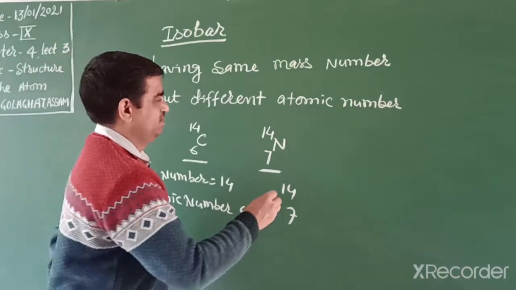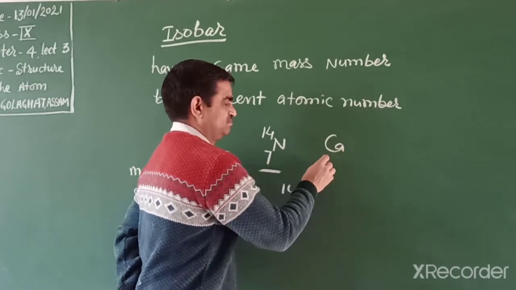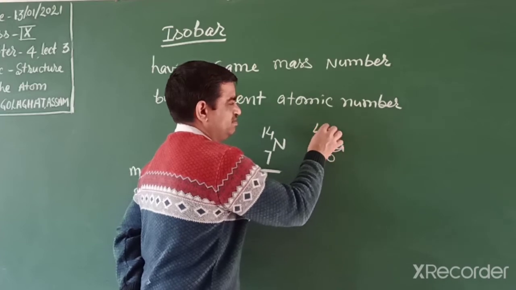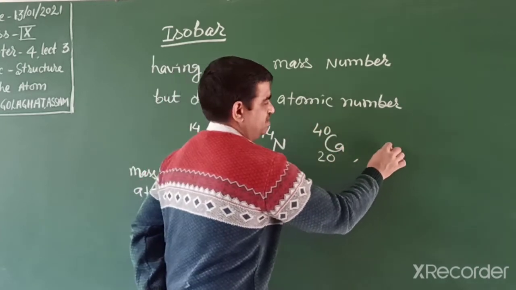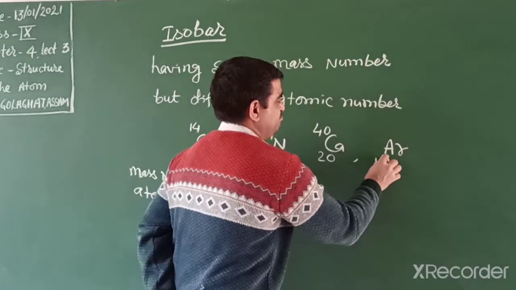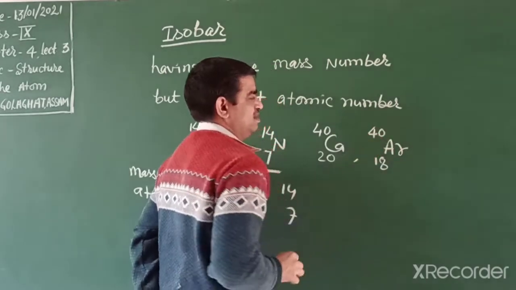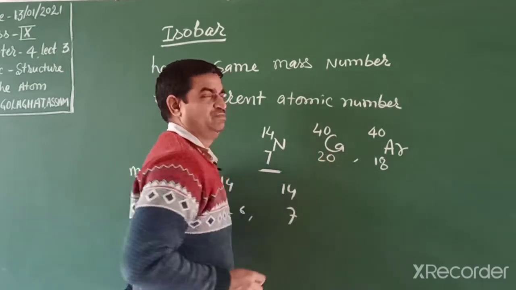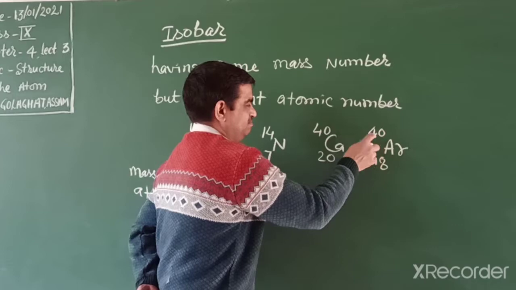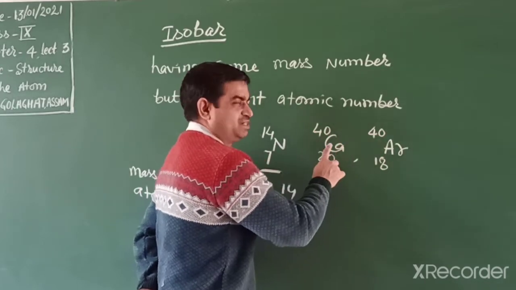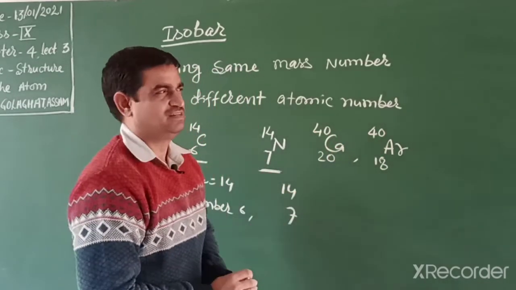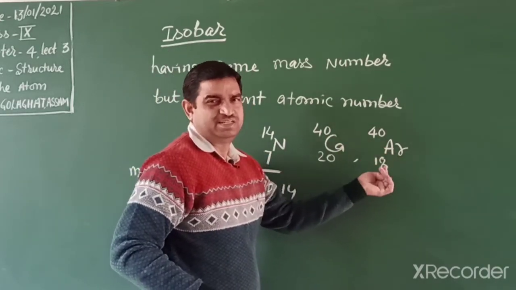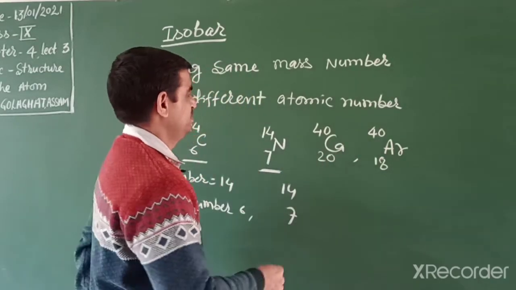Another example we can say is calcium, 20Ca40, and another element, argon, 18Ar40. Argon, we know, is a noble gas, an inert gas, not a reactive gas. Calcium is a metal. Both have the same mass number, 40, but the elements are totally different. Calcium is a metal, argon is a non-metal gas, and their properties are also different.